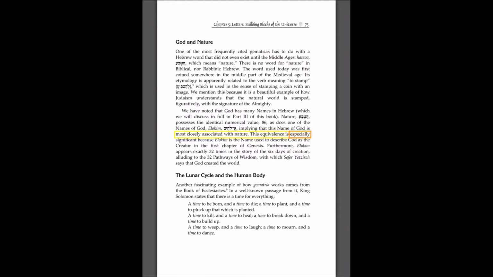This equivalence is especially significant because Elohim is the name used to describe God as the Creator in the first chapter of Genesis. Furthermore, Elohim appears exactly 32 times in the story of the 6 days of creation, alluding to the 32 pathways of wisdom, with which Sefer Yetzirah says that God created the world.